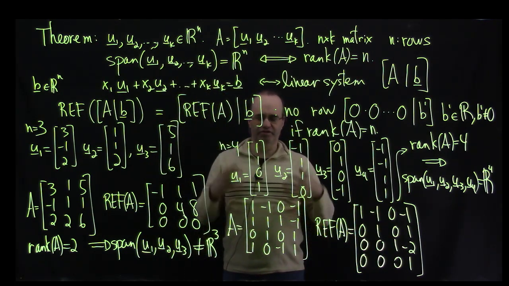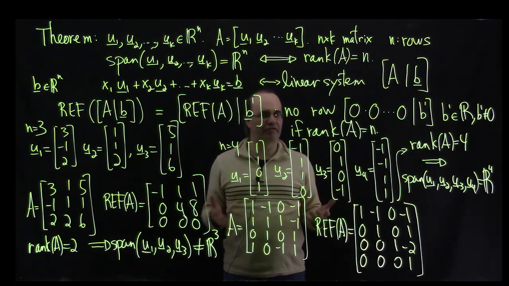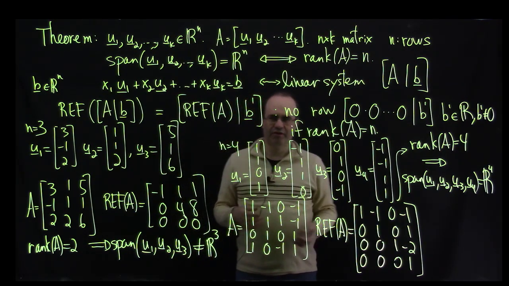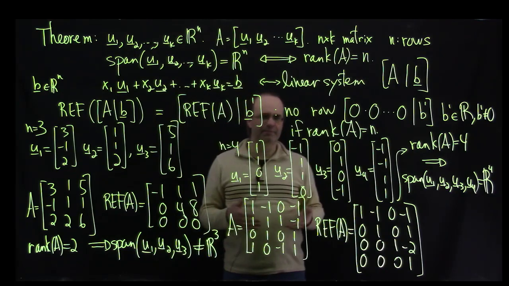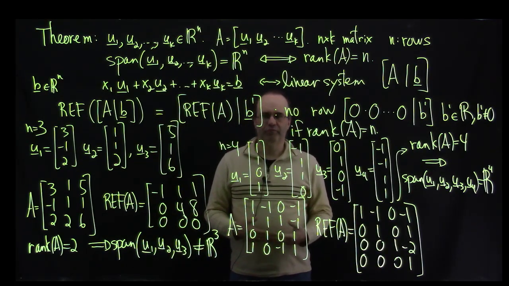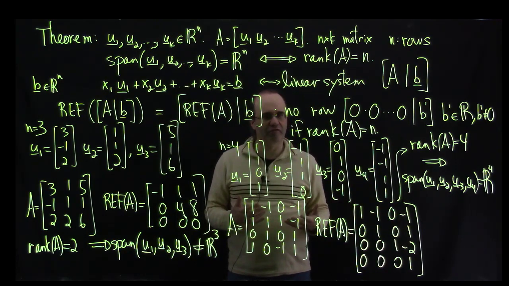So in other words, in R3, if you have fewer than 3 vectors, if you have only 2, their span is never all of R3. Which, again, if you think in terms of planes, direction vectors for planes, I think this makes sense. In R4, if you have only 2 or 3 vectors, the span will be strictly less than R4.